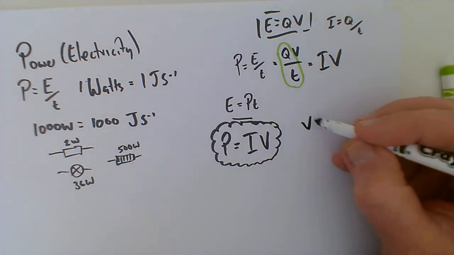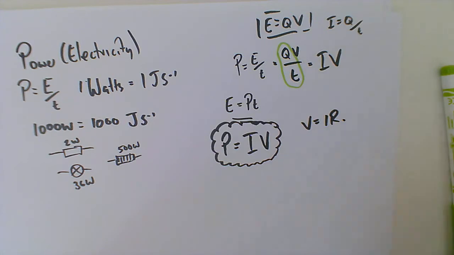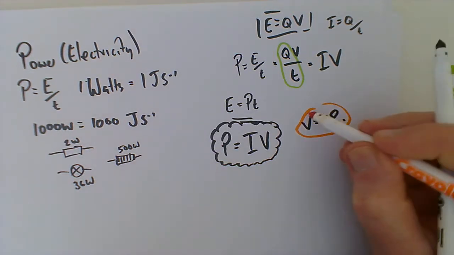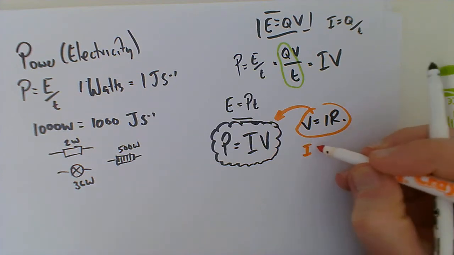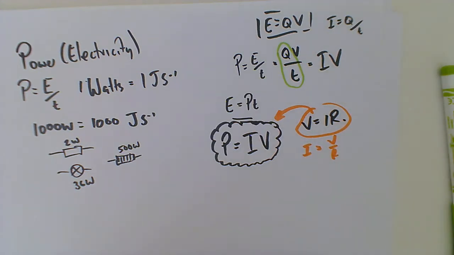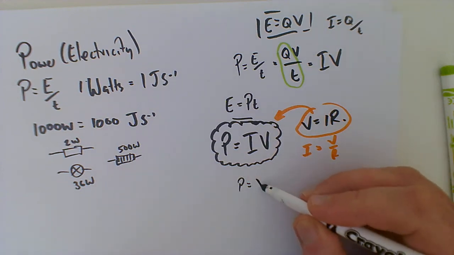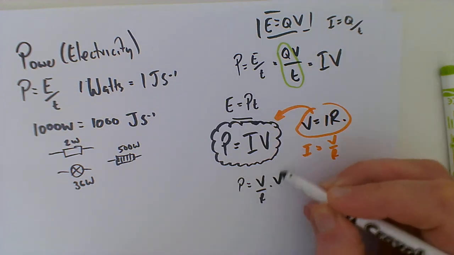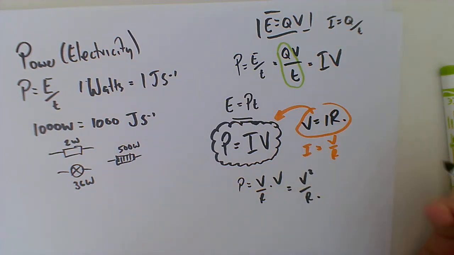From Ohm's law then, V equals IR, we can substitute that in. First up we're going to look at I. What does I equal? I equals V over R. So if we substitute that in there, P equals V over R multiplied by V equals V squared over R. Okay, and then let's take the other one. What does R equal?